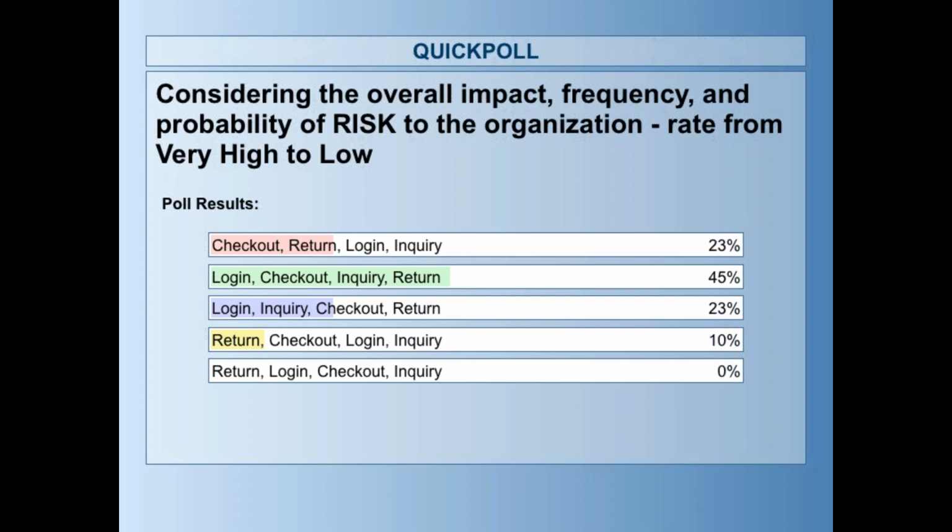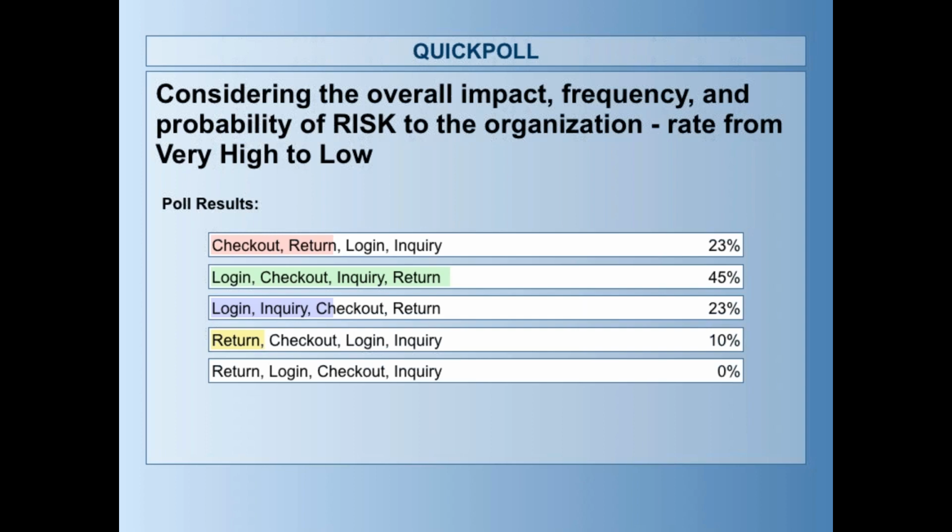The second highest risk I would expect to be checkout, because that involves the organization, a potential loss of revenue. And again, if you hadn't been able to successfully log in, you wouldn't be able to do the checkout either. And then the third would be the inquiry, because of the amount of frequency perhaps. And then the last would be return.